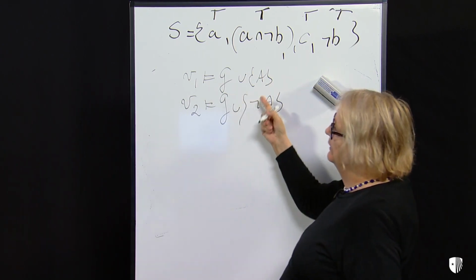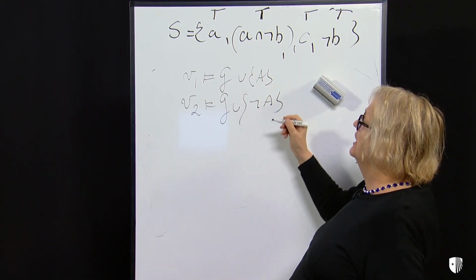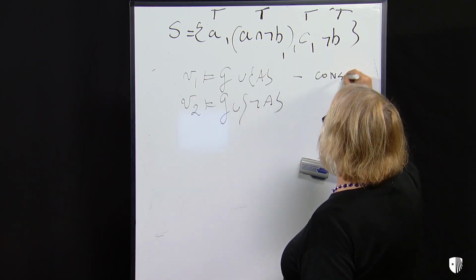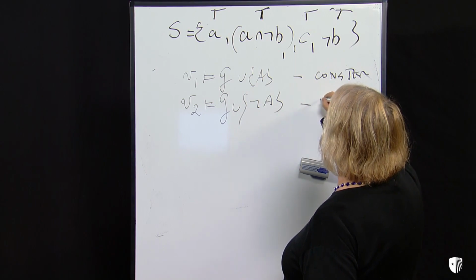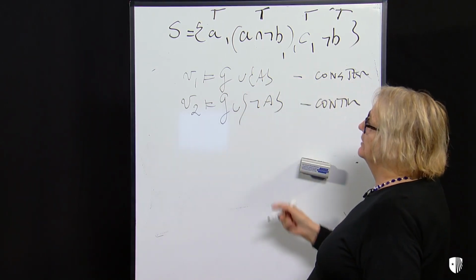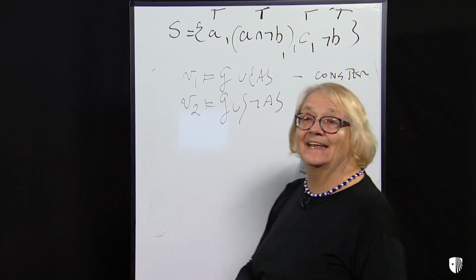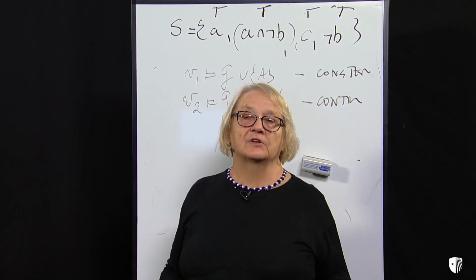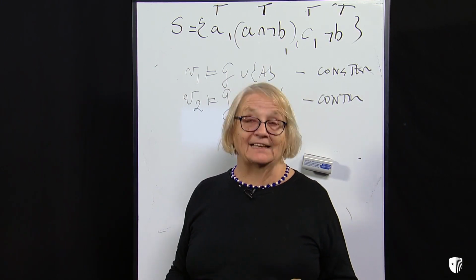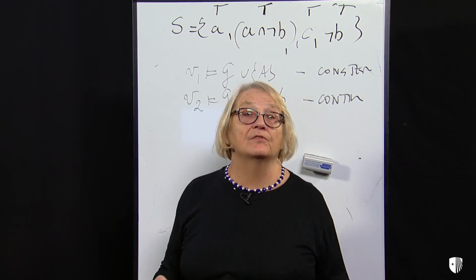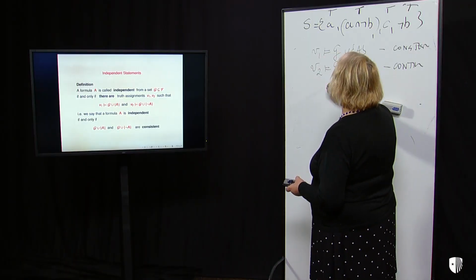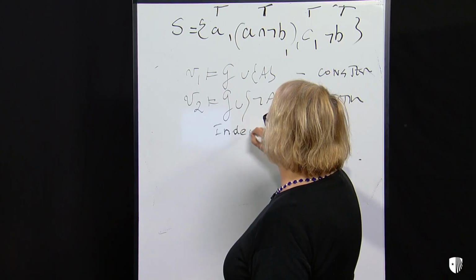So you add the formula to the set or the negation, and both are consistent. That's why formulas like that are called independent of the set. So A is independent.